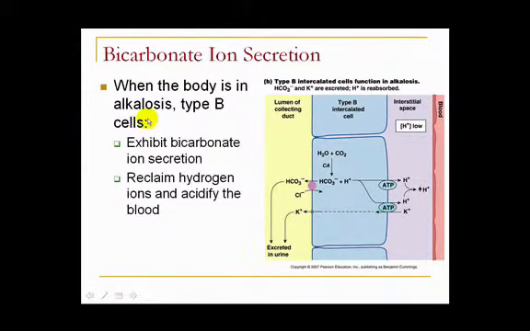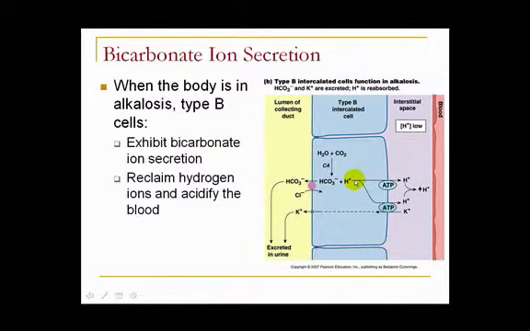Okay, when you're in alkalosis, what they do is they secrete bicarbonate and reabsorb hydrogen ions. It just has to do with these different types of cells having different channels, and on what side the channels are on. On these type B cells, your proton pump is on the basolateral side, and it's where you produce bicarbonate and hydrogen ions from water and carbon dioxide.